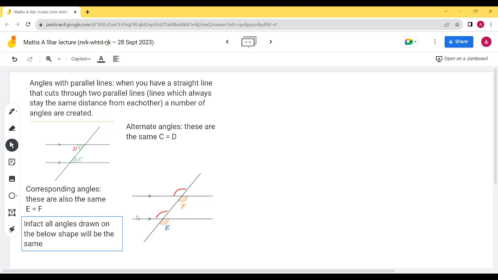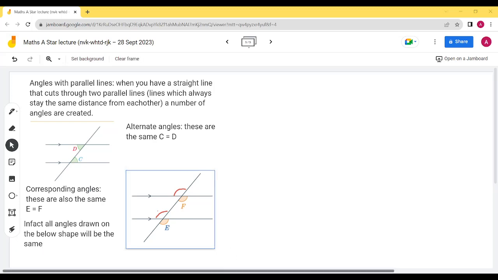So the two red angles as well as E and F are going to be exactly the same. Right.